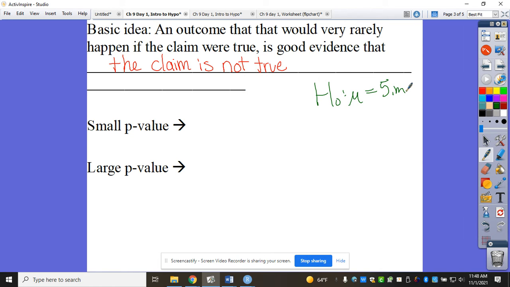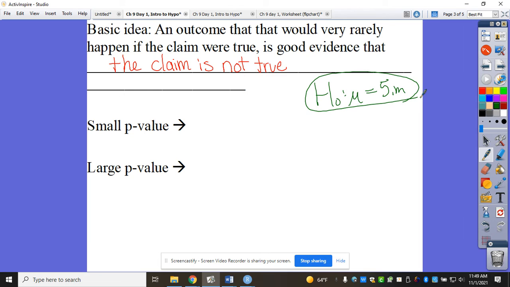If we had a small p-value, right, it was very, very unlikely for him to run that slow, what would it mean about this? If it were less than a 1% chance that he actually ran that slow, if this were true, what does that actually mean? That this is wrong.